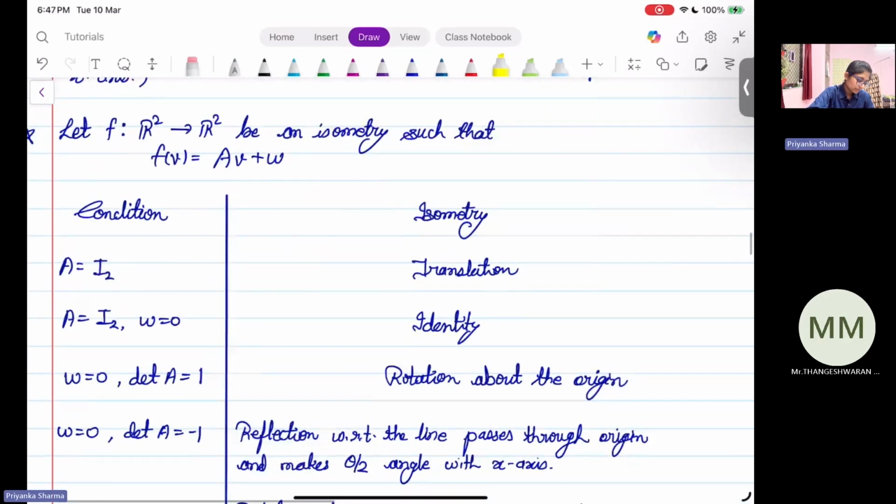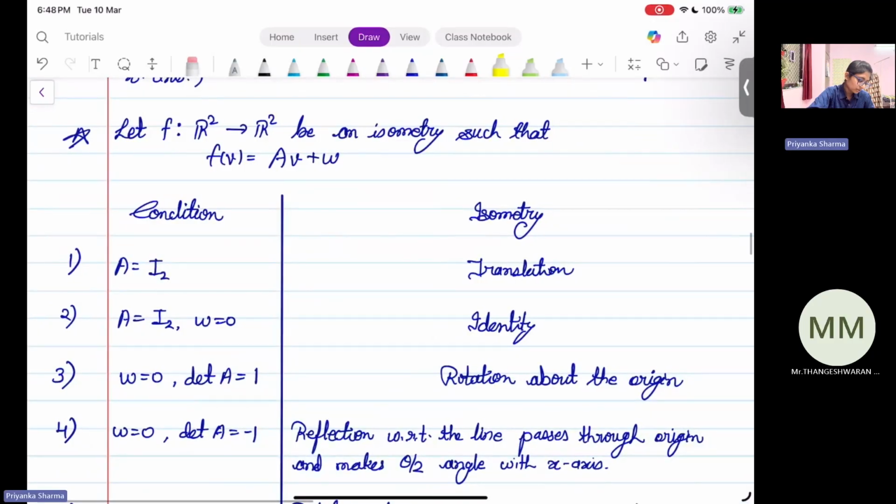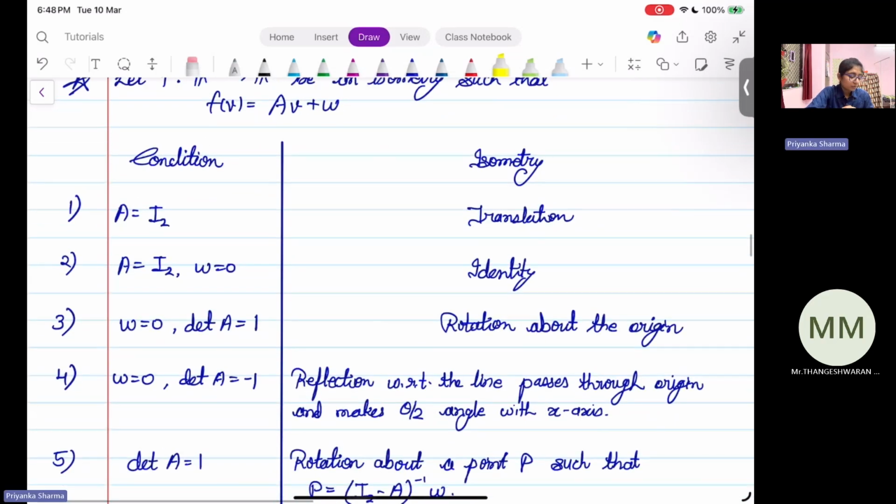Now, this is an important classification of isometries. Suppose we have an isometry f from R² to R², where f(v) = Av + w, and w is some fixed point in R².